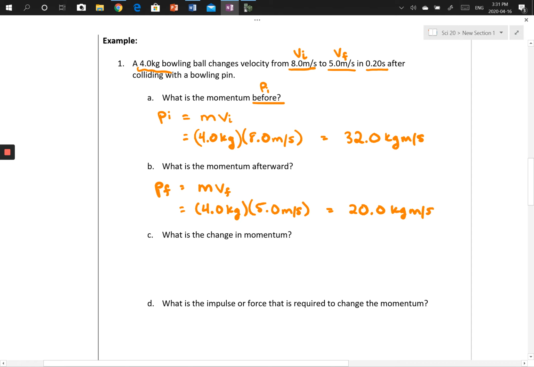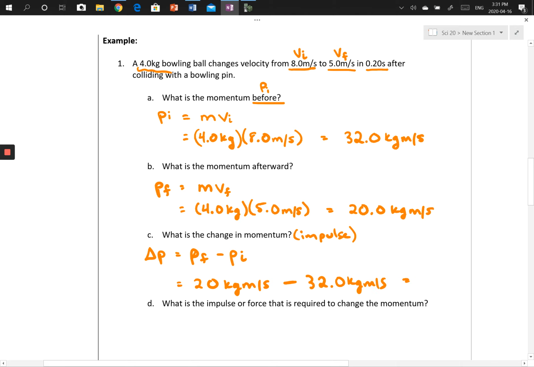Now my change in momentum here, I'm going to calculate using that first formula we looked at. My change in momentum, which is my impulse, is delta P equals P final minus P initial. My P final is 20 kilogram meters per second, and I'm going to subtract from that 32.0 kilogram meters per second.